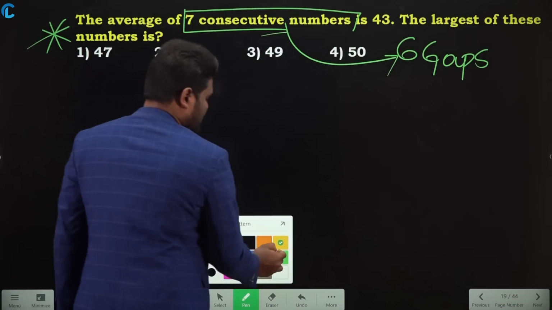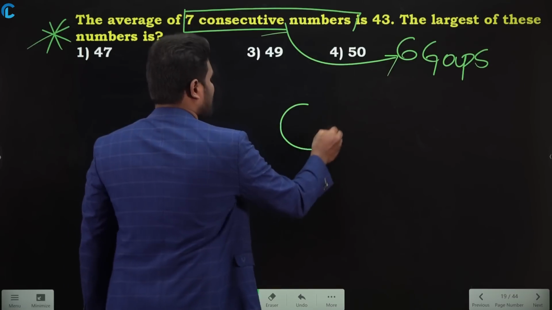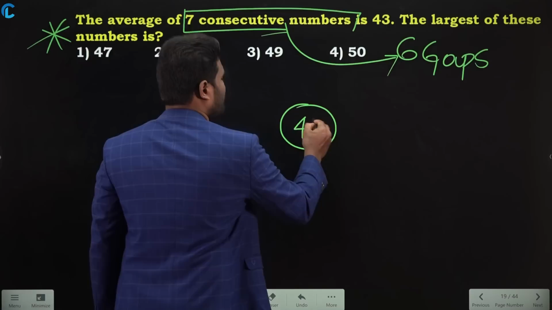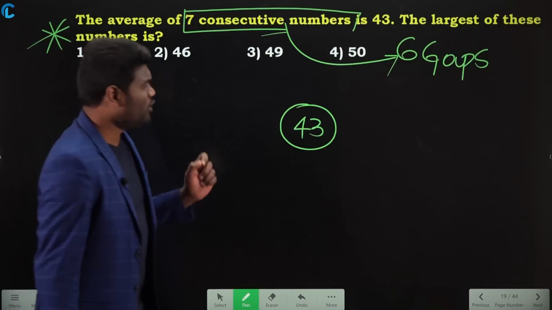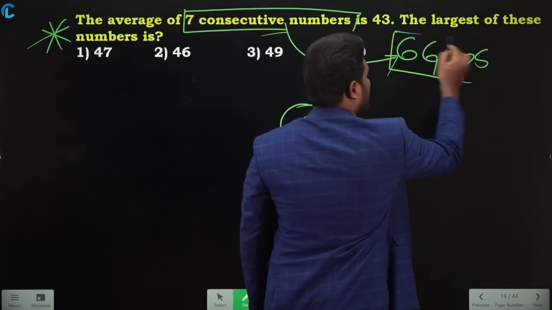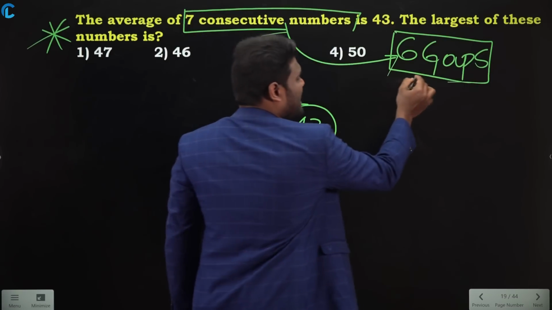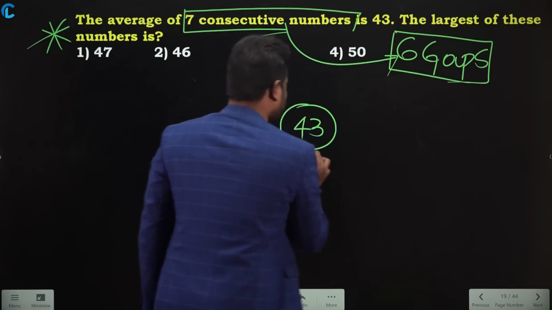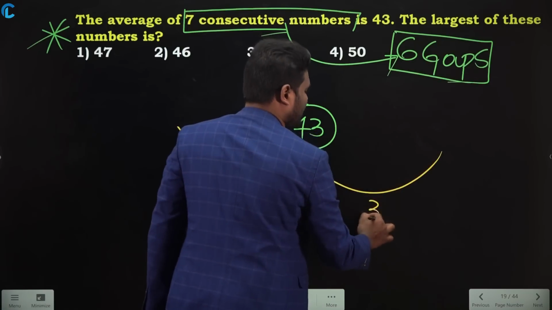Just observe here carefully. In this question it is saying that there are 7 consecutive numbers, and the average is 43. Now you are asked to find the highest number. For 7 numbers, how many gaps? 6 gaps. Out of these 6 gaps, 3 gaps will be on the left hand side and 3 gaps on the right hand side.